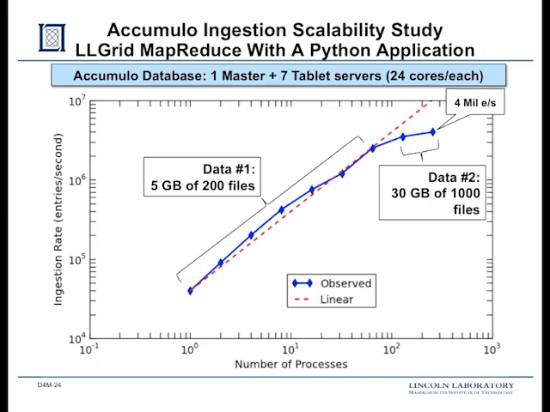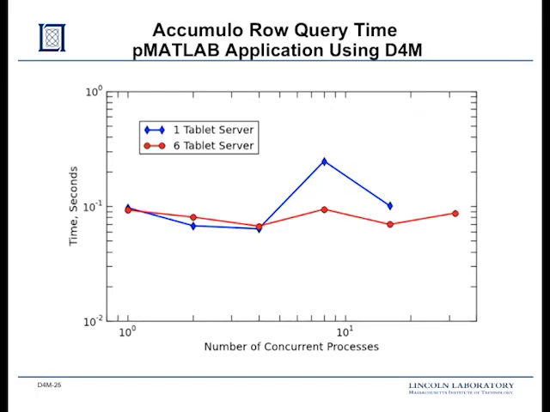That talks about inserts. Another thing that we also want to look at is queries. So, as I said before, Accumulo is a row-based store, which means if you give it a row key, it will return the result in constant time. And so that's true.